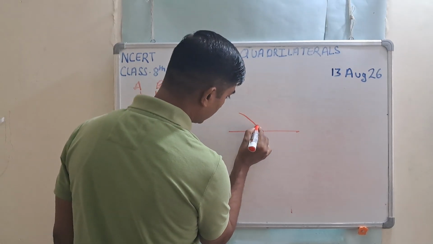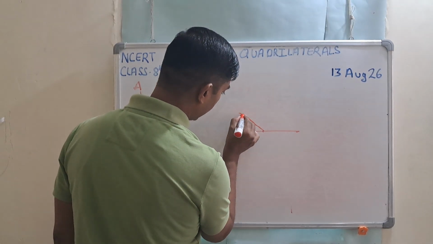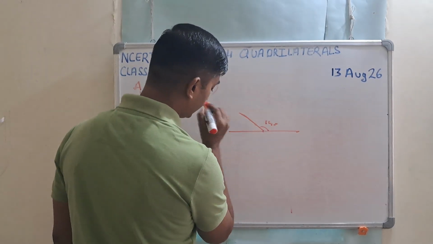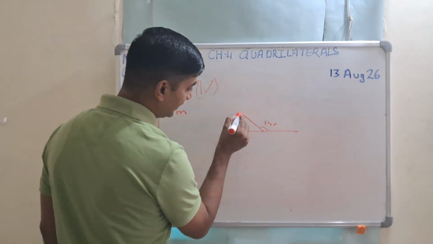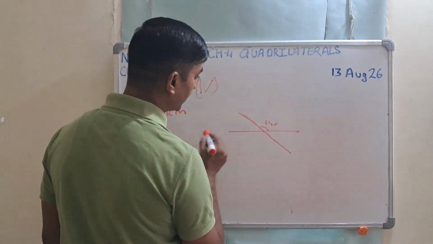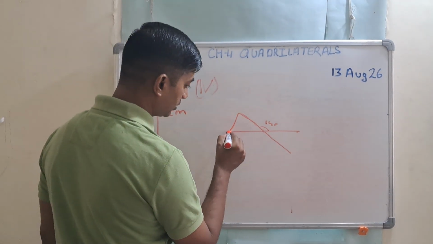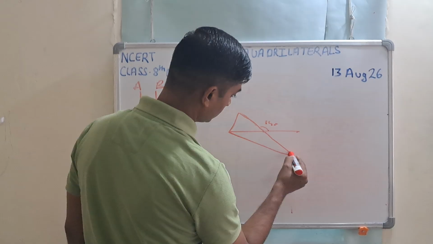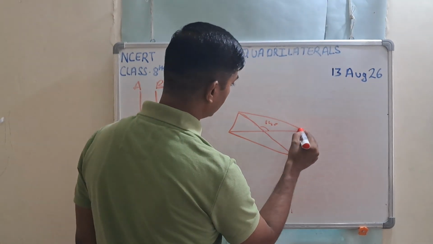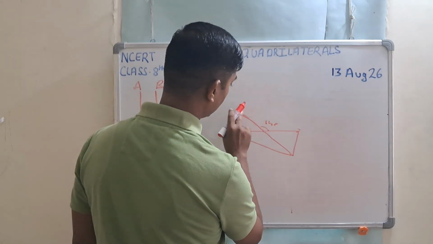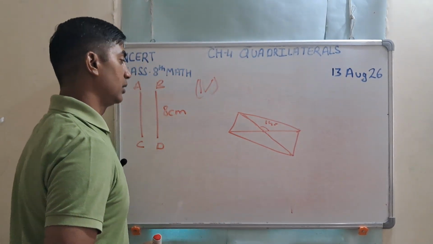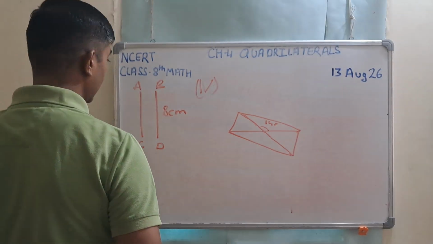This angle is 140 degree and this length should be 4 centimeter, and then extend it further from this point to 4 centimeter, and then join the endpoints. This is your desired rectangle.